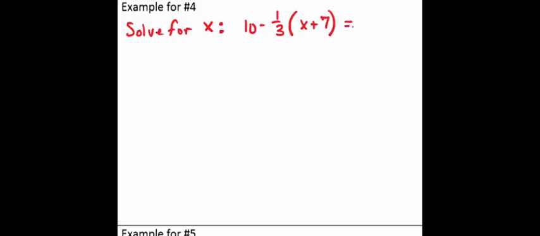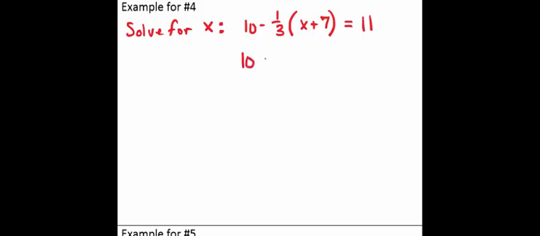Okay, let's look at the worked example for question 4. This question will be solve for x. Another equation. The equation that we have here is 10 minus 1/3 times the quantity x plus 7 equals 11. The first thing we need to do with any equation is take care of parentheses.